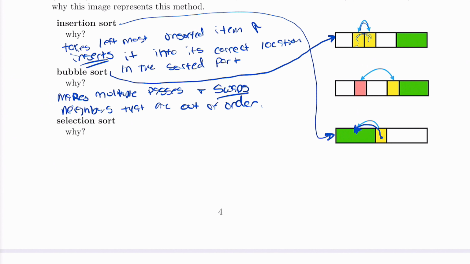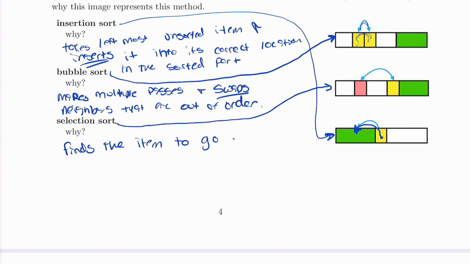So then finally, by power of deduction, we know that this guy is selection sort. So why does that one represent selection sort? Well, selection sort finds the item to go in the next unsorted position.